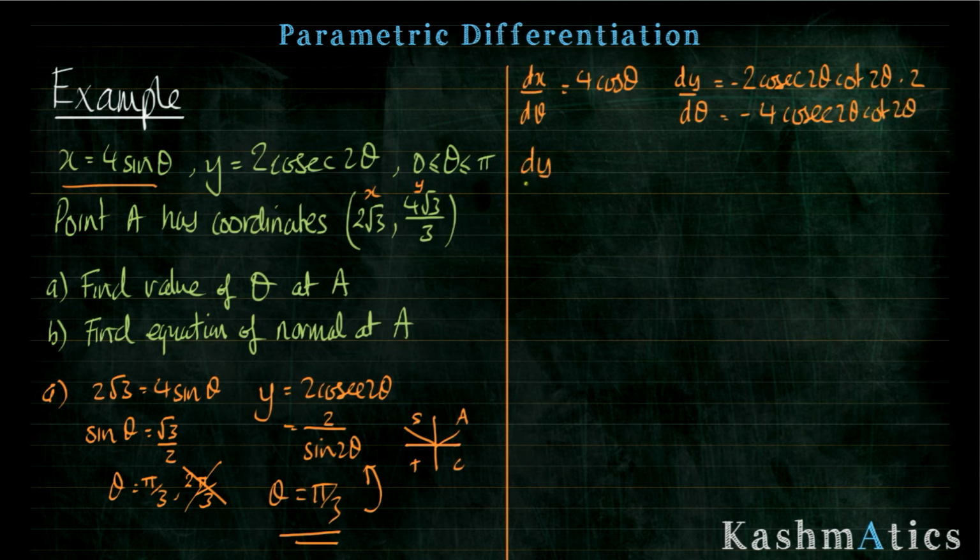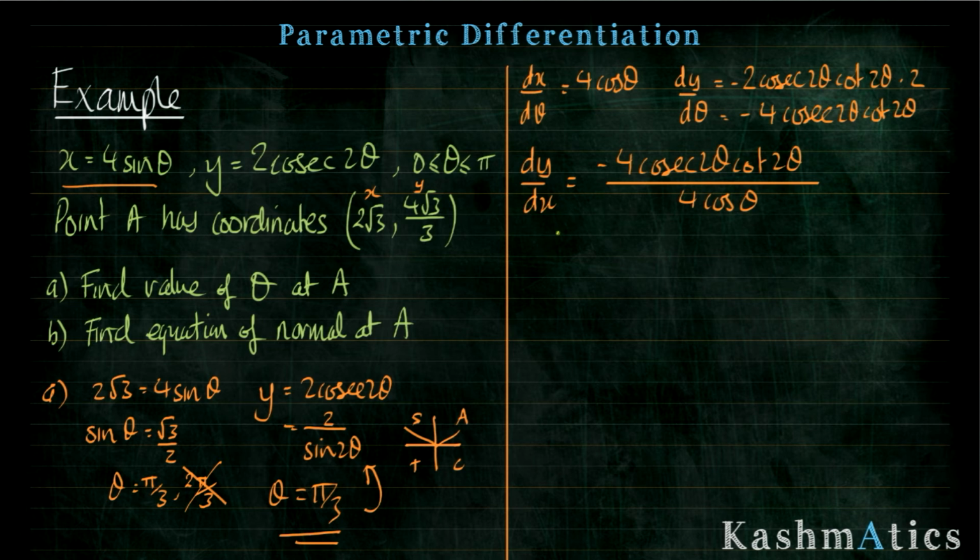So dy by dx will equal dy by d theta, which is minus 4 cosec 2 theta cot 2 theta divided by, and the reason I'm dividing is the same as multiplying by 1 over 4 cos theta, so 4 cos theta. Okay, so that's what dy by dx is.